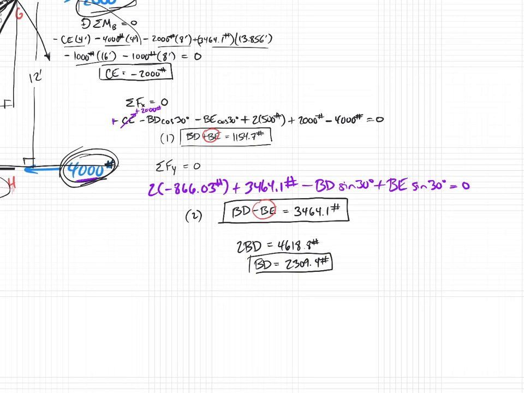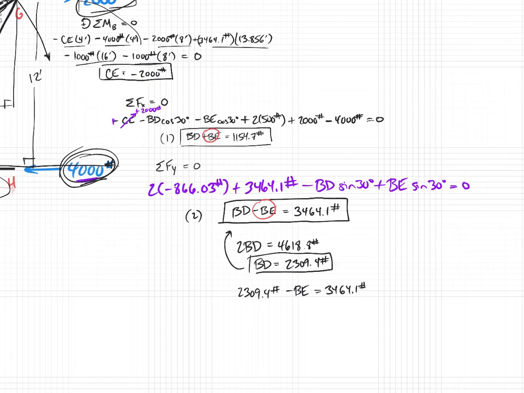Okay, and then I can plug that in to either of these two equations, just to be different. I'll plug it into this one, and we'll get 2309.4 pounds for BD minus BE equals 3464.1 pounds.